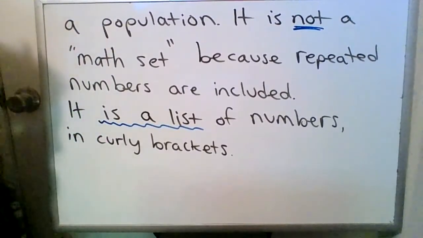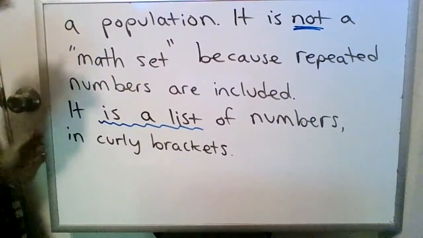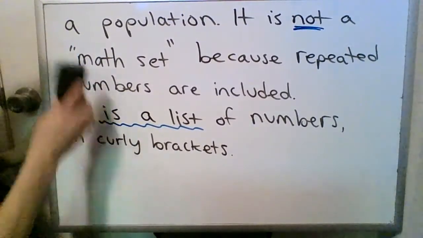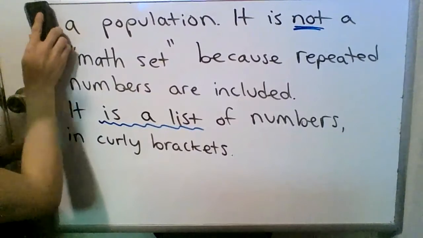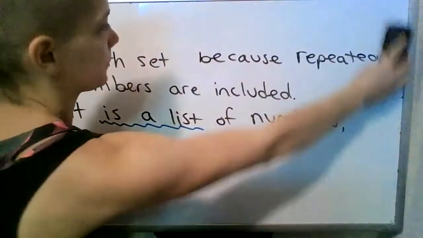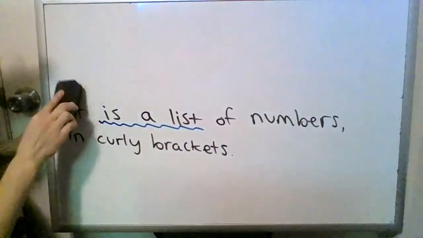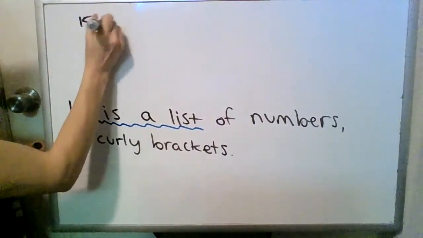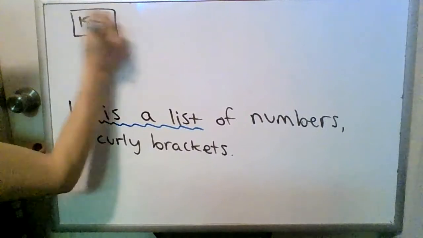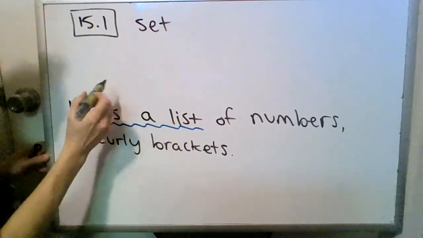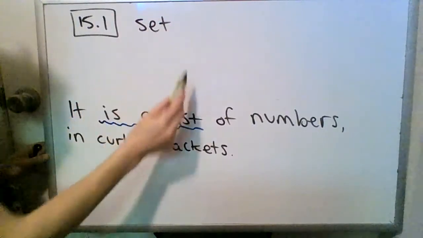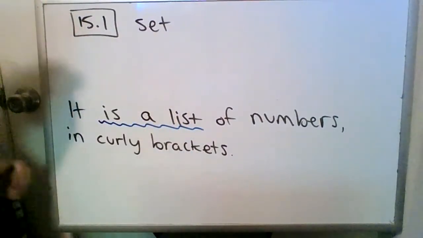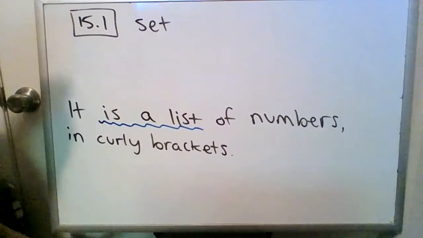All right, so here's a quick sketch of the difference between these two. In 15.1, we talked about a set, and we drew the universe as a square. It could be a big circle, but the style is to make it a square.